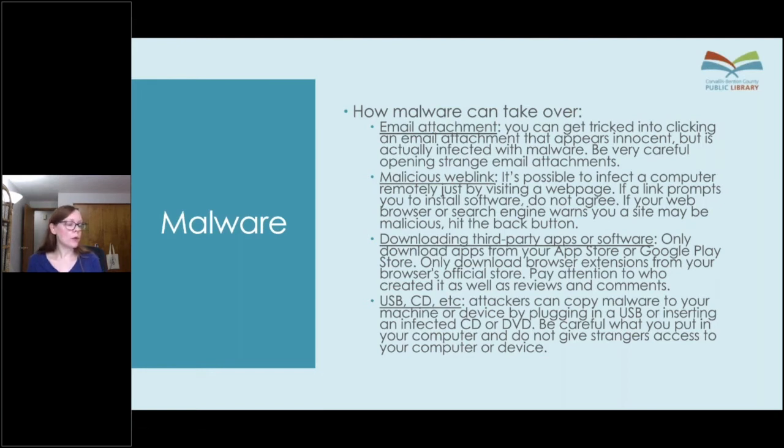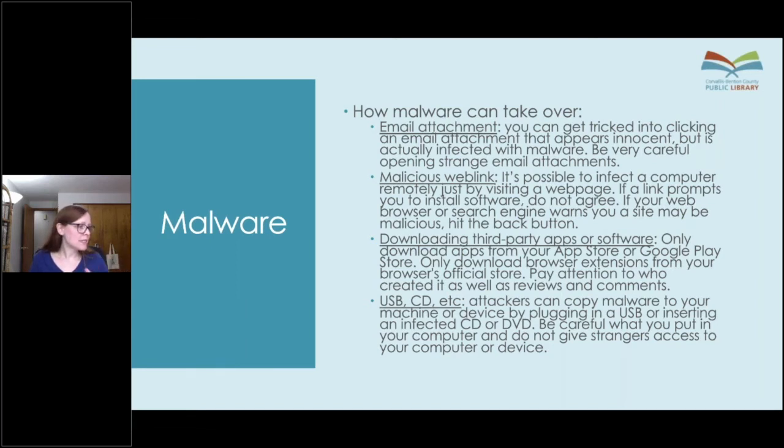Sometimes, simply by visiting a web page, something will come up and be like, oh, okay, do you want to install this? And you might just hit yes or run or install, and then you're potentially installing some kind of malware. So again, never install or download anything that you're not sure of. If you don't know what you're downloading or installing, don't do it. If you don't know who it's coming from, don't do it.